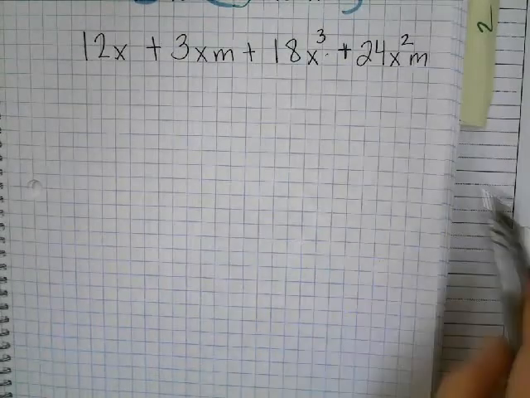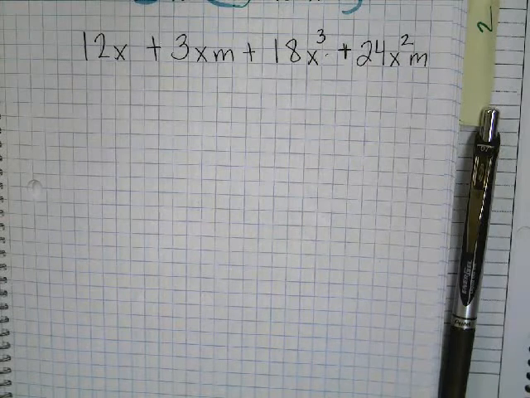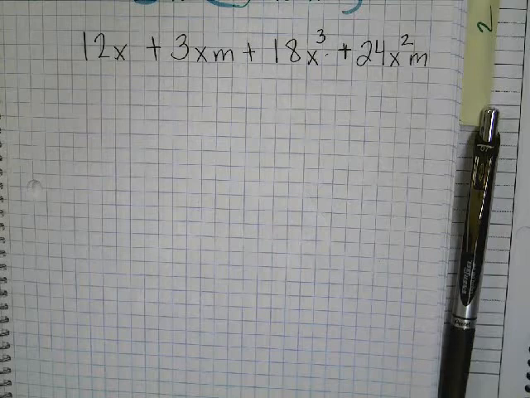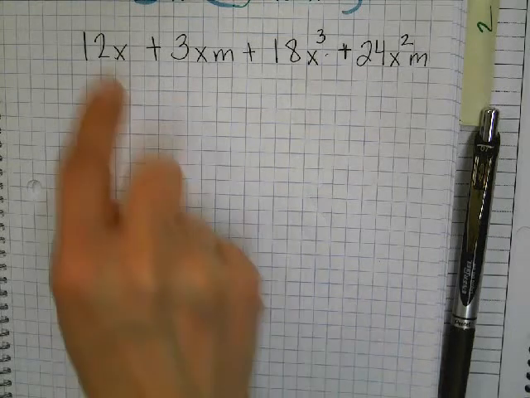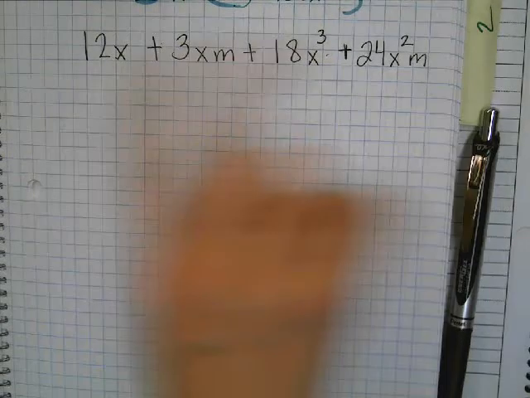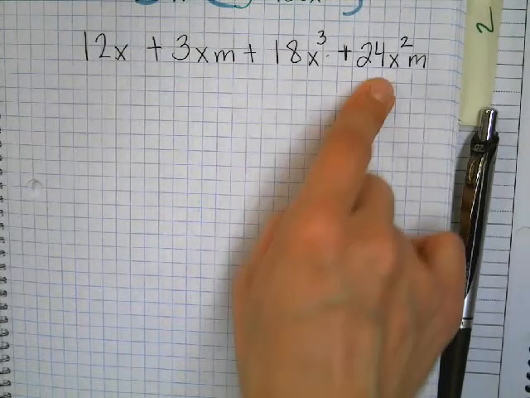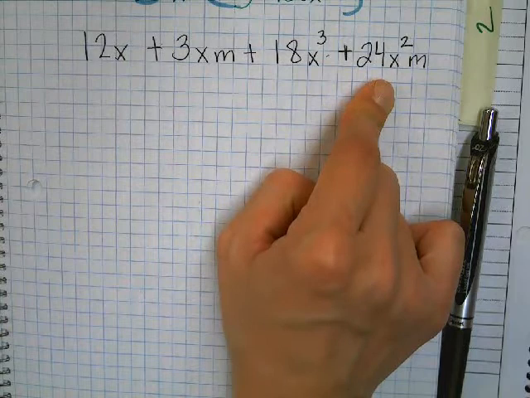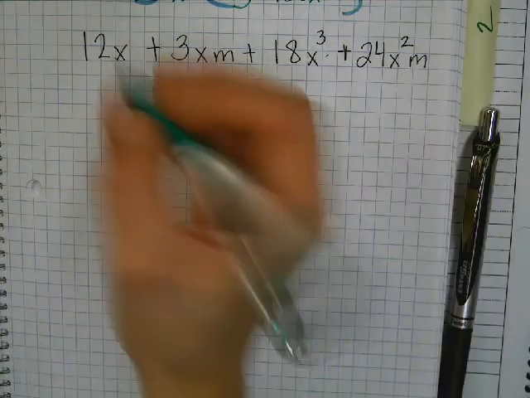There's no negative. Ladies, I need to see you writing this down. Haley? Look at the numbers first. 12, 3, 18, 24. What number do they all have in common? 3. Ladies, get to work.